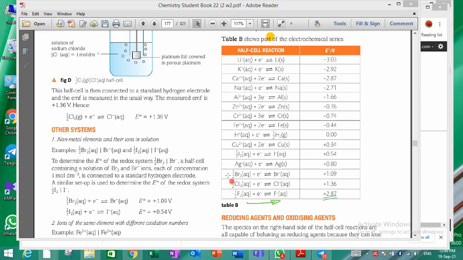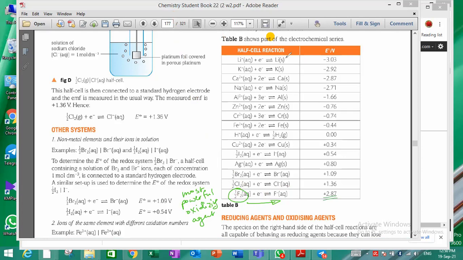So here we say that fluorine is the most powerful oxidizing agent, because as an oxidizing agent, it would like to gain electrons. It's going to be reduced, as it is an oxidizing agent, it's going to gain electrons. And so this is the most powerful oxidizing agent.